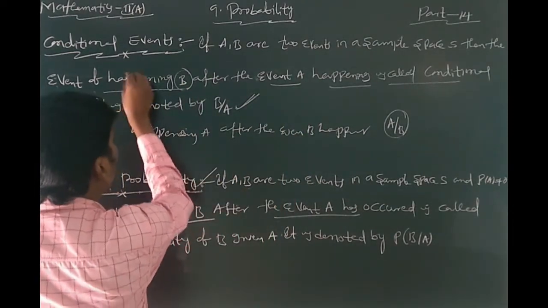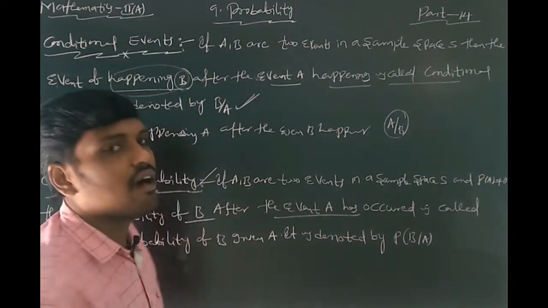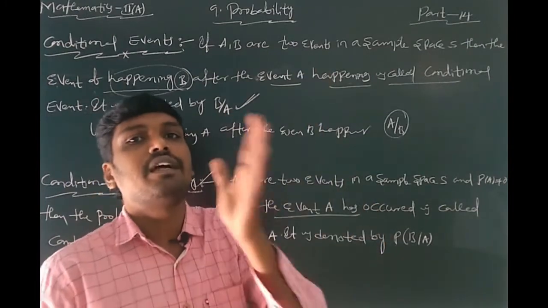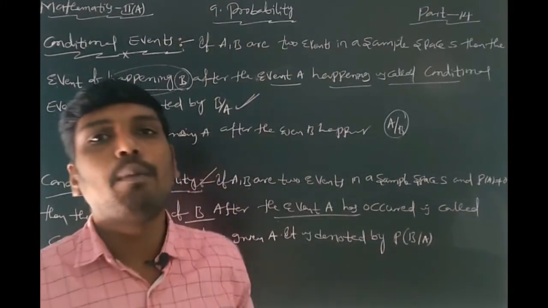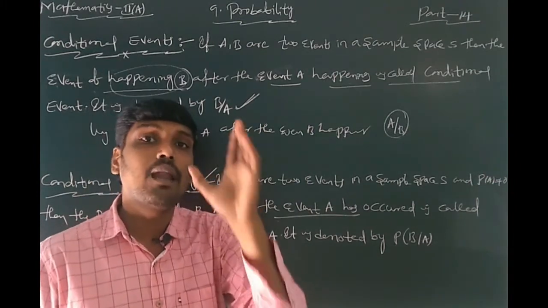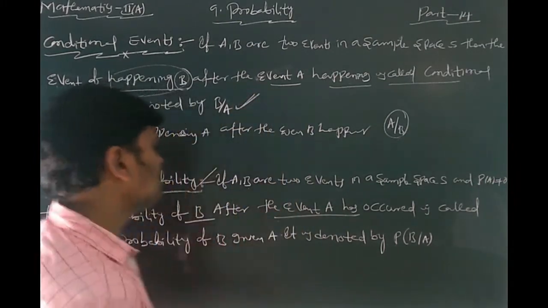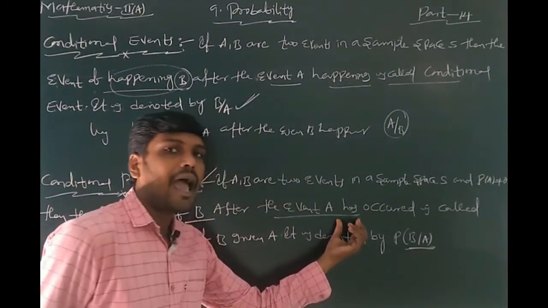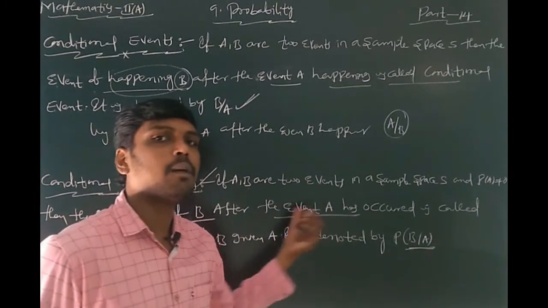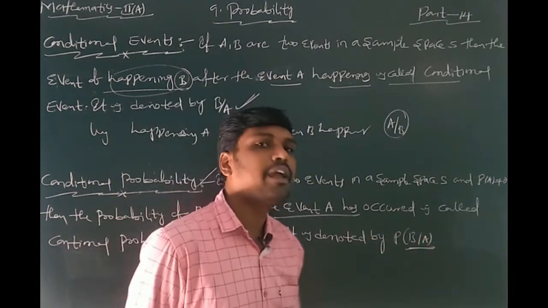It is denoted here with first A occurred, after that B occurred. That's why you write P of B by A.